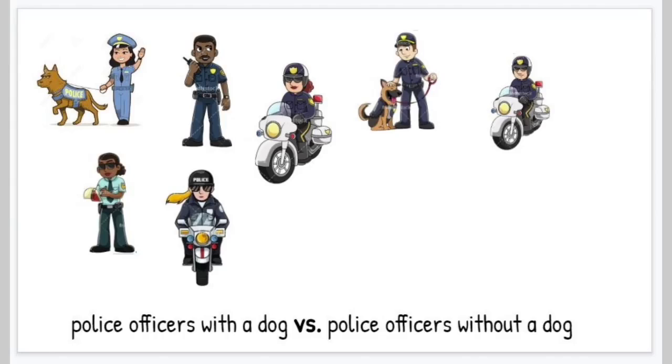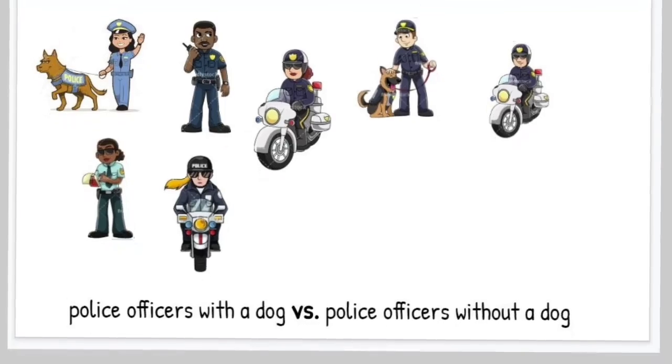And you might have a different idea and that's fine. But this time we're going to group these police officers by police officers with a dog versus police officers without a dog. So we're going to find 2 groups. Can you find the police officers that have a dog and the police officers who do not? That's how we're going to group this first practice problem.